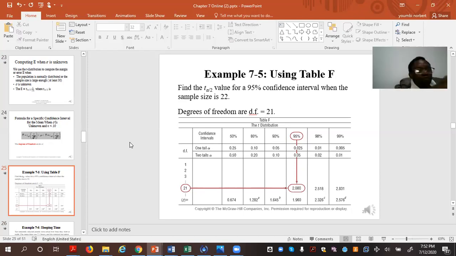Excel will give you the E that we are computing by doing T alpha over 2 times S over square root of N. That is the confidence level when you are doing Excel. You enter this value on Excel, follow as we did before, and at the bottom part, you will see confidence. Remember to change the confidence level. It's generally 95 by default on Excel. And click on confidence level when you are doing Excel.